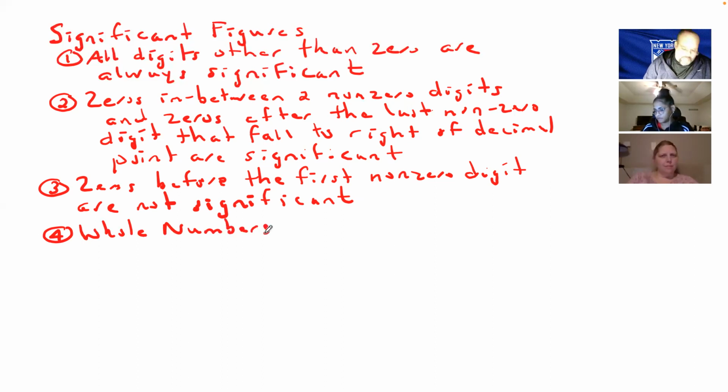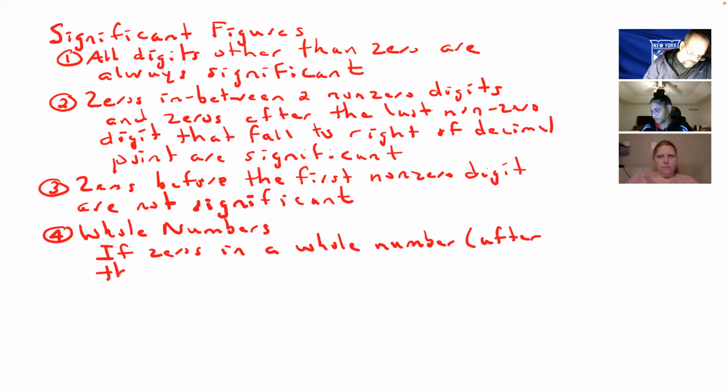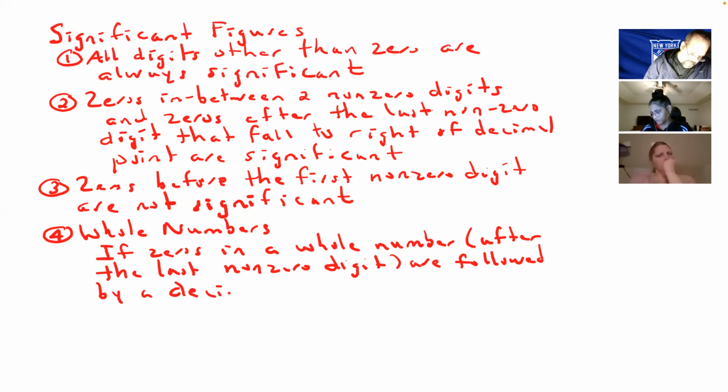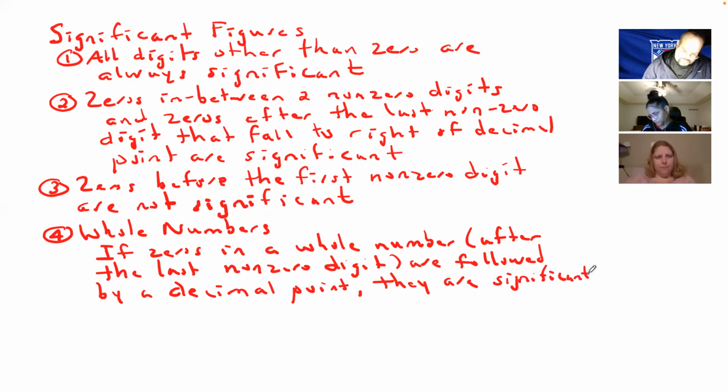If the zeros in a whole number, and again, these would be after the last non-zero digit, are followed by a decimal point, they are significant.